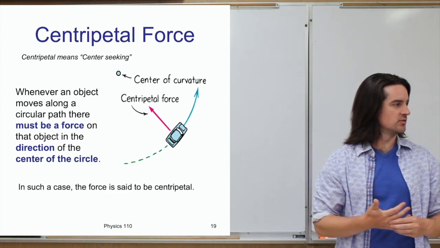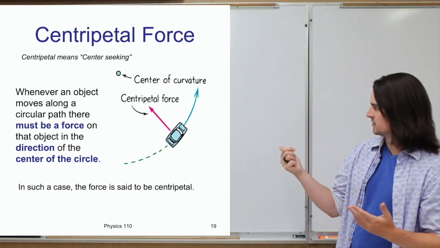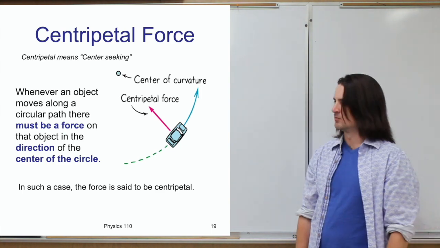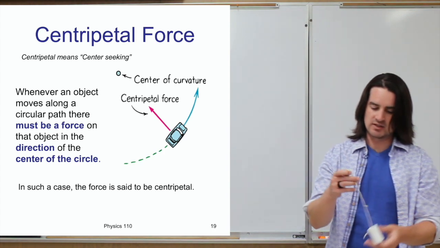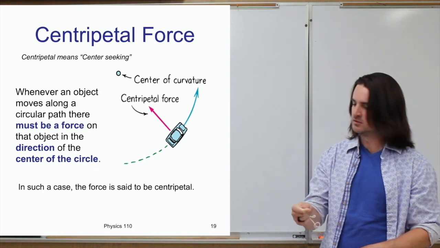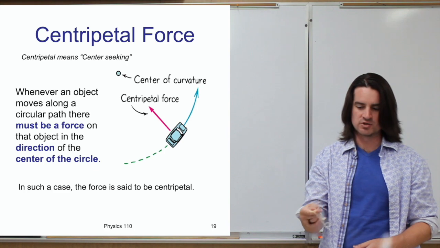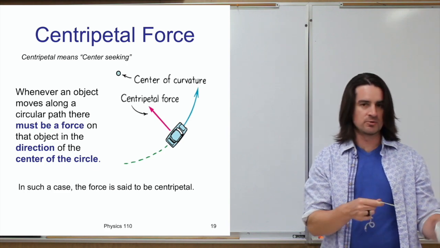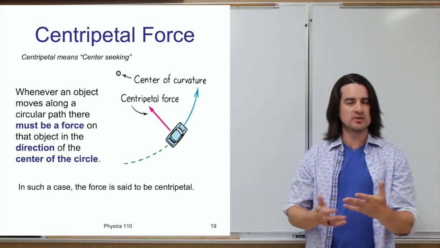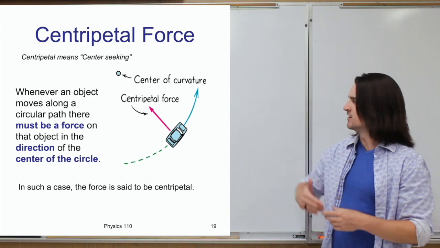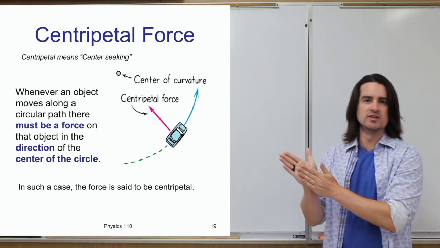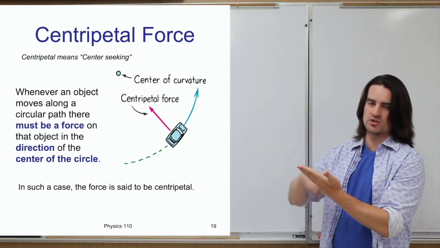So this is another instance of circular motion, like a car going around taking a turn, or if you have a little object at the end of a string, you can twirl it around on the string. Another example of circular motion. And so these objects are following a circular path. And as it turns out, if you ever want an object to continue following a circular path, there needs to be a force acting on the object that is pointed towards the center of the circle it's turning around.